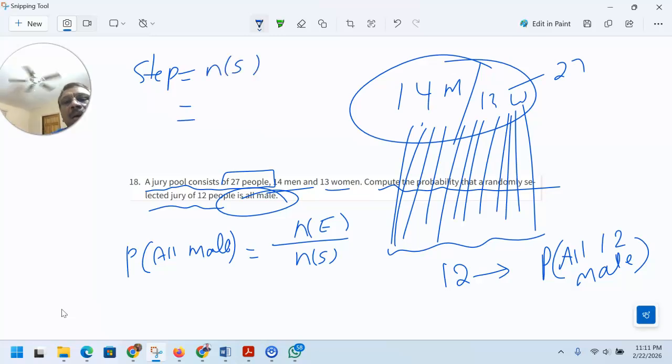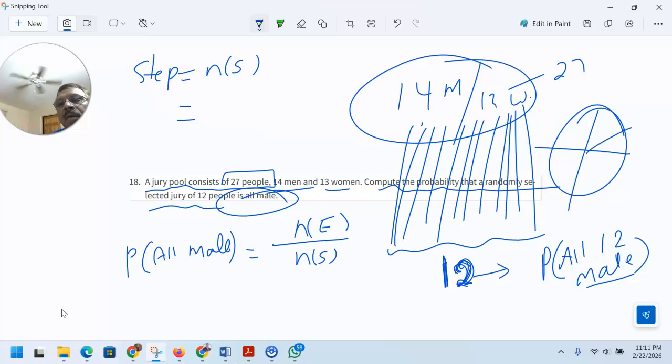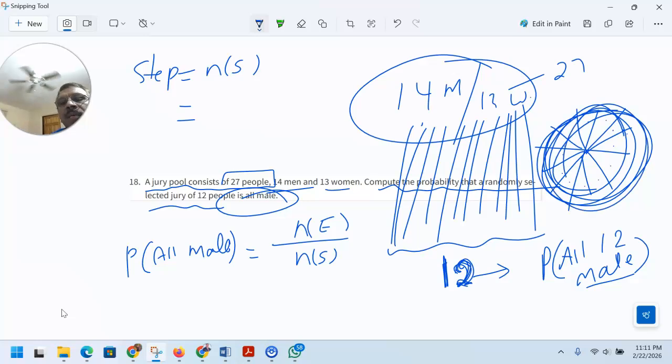It means how many different ways can you pick 12? So not only male, it could be women also. So 12 members are to be selected. You see, there are 12 of these places, so we need to place 12 here. The order doesn't matter, it's just a group of 12.